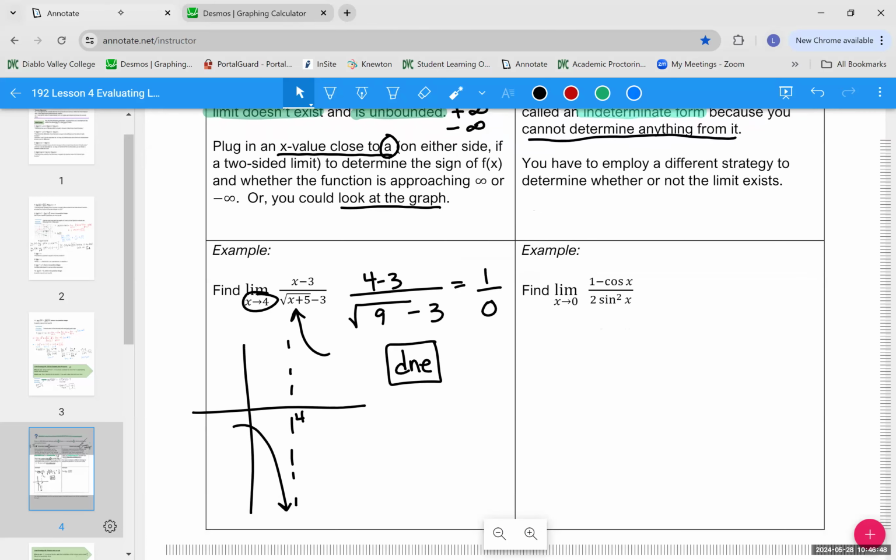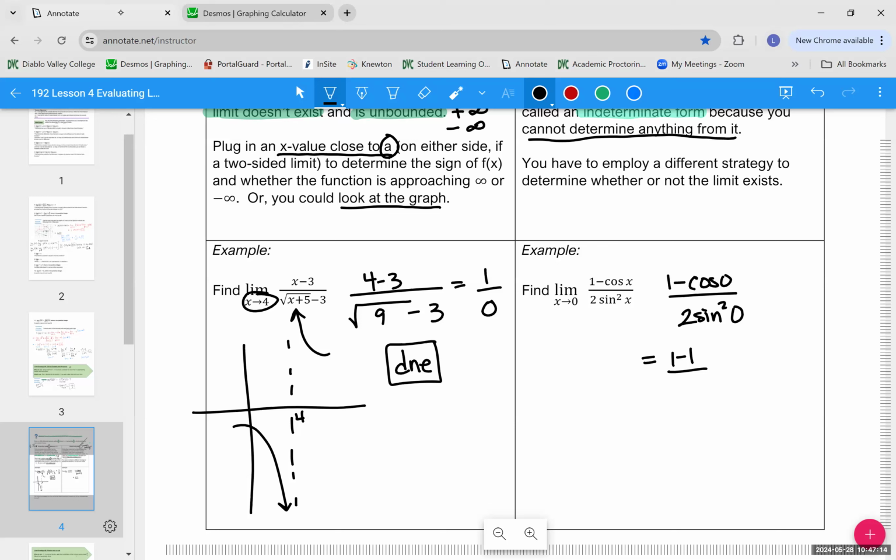So for example, let's look at the limit as x approaches 0 of 1 minus cosine x over 2 sine squared of x. Again, I'm going to try to plug in 0: 1 minus cosine of 0 over 2 sine squared of 0. Cosine of 0 is 1, so I have 1 minus 1 on the top.